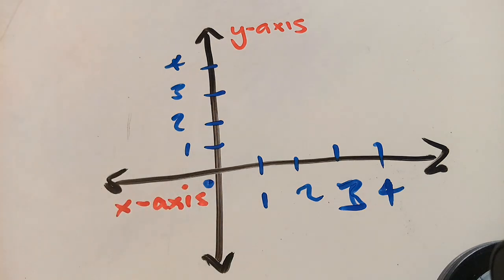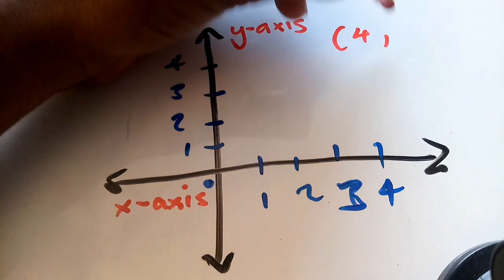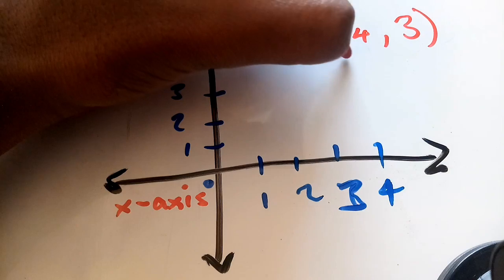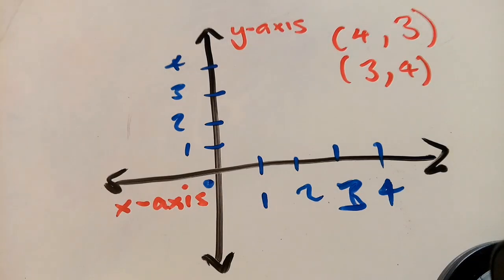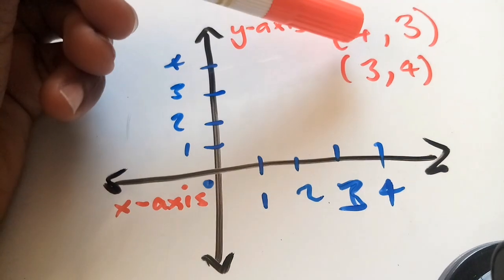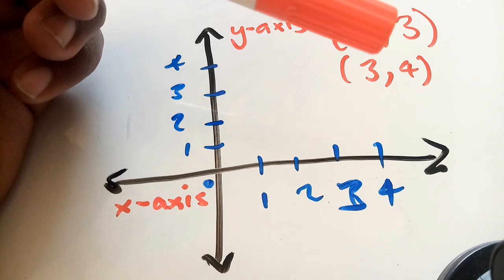Now if we have a set of coordinates, let's say 4, 3, and we have a set 3, 4. You have to note these two sets of coordinates are not the same, because in this first one, 4 is the x coordinate and 3 is the y coordinate.